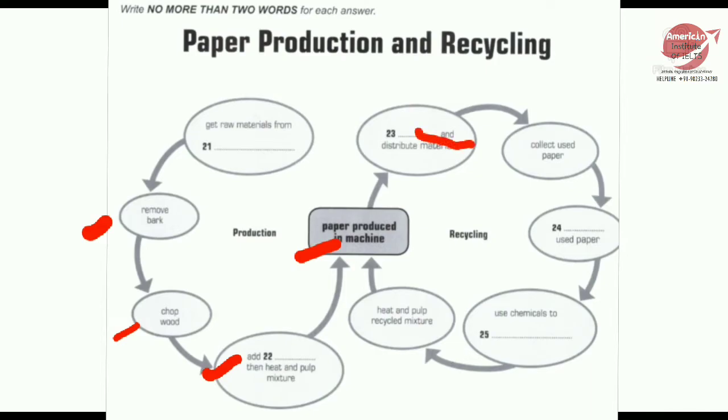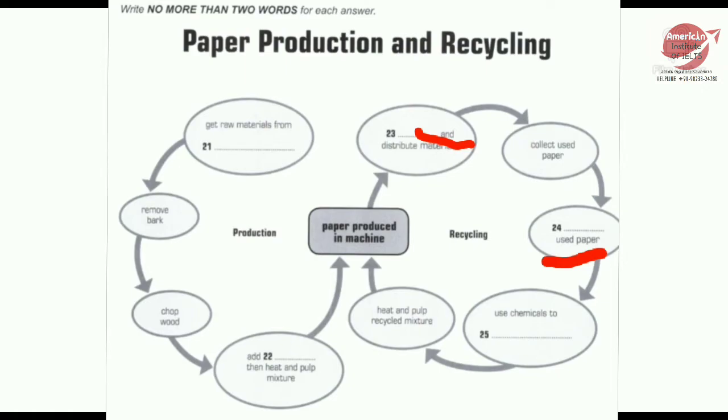Paper is produced, later on, dash and distribute material. So I told you earlier, look at the thing which is before and after the word and. So for 23 you need to put a verb. So dash and pack, maybe pack and distribute the material. Then collect your paper, and later on dash use paper. Now again you need a verb. I told you in the flowchart activity in the last video that you always need to look at the pattern of how your sentences are starting.